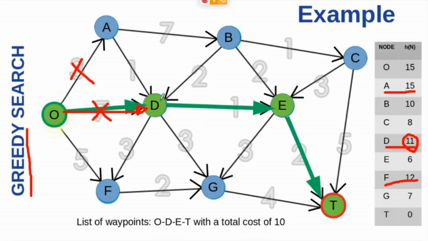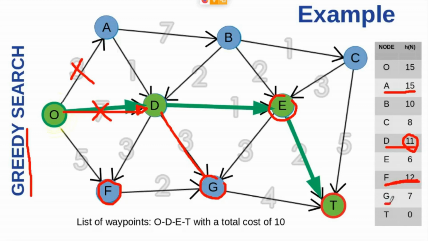Then, which are the neighbors of D? We have G here, we have F here, and we have E, right? There's no connection from D to B. B and D are connected, but D and B are not. So let's check F, G, and E. F is 12, remember.